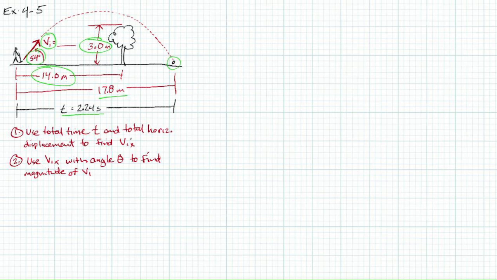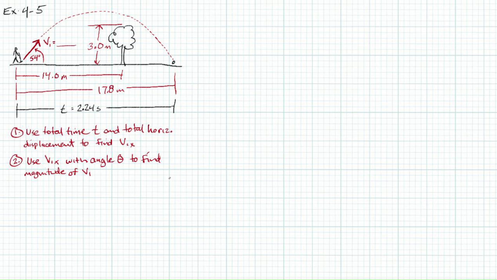There we go. So total time t and total horizontal displacement for the whole flight of the ball. Secondly, we're going to use initial velocity in the x direction, which we just found up here, in conjunction with the angle theta, which we're told is 54 degrees, to find the magnitude of the initial velocity. So two main steps that we're going to achieve, and that's hopefully going to give us our goal of solving for the initial velocity of the ball.